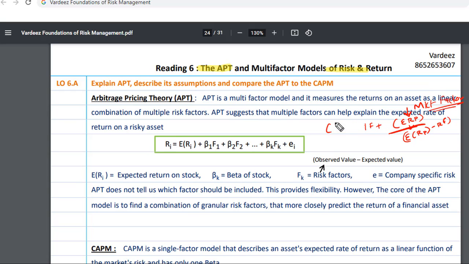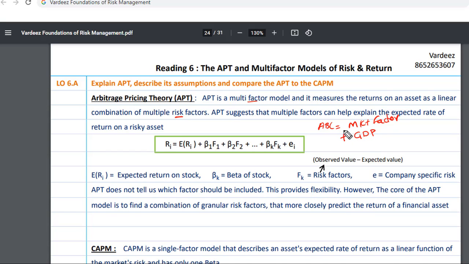But when we are talking about the arbitrage pricing theory, what we are saying is that arbitrage pricing theory is a multi-factor model, and it measures the returns on an asset as a linear combination of multiple risk factors. So basically let's say that I have this stock ABC. Now what I feel is that it's not just affected by the market, but there is also one factor that this stock is very much sensitive to, and let's say that factor is probably GDP.